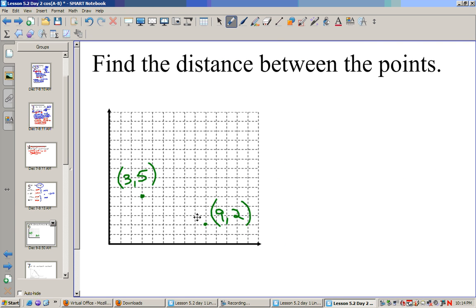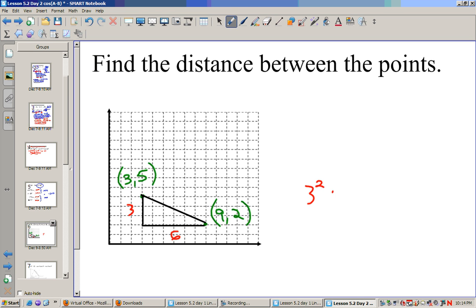All right, now we go to, it looks like a completely different topic, but we need this in order to find something else. To find the distance between 2 points, there's a distance formula, but the distance formula is pretty much Pythagorean's theorem. I take 5 minus 2, I subtract my y values to get 3. I subtract my x values to find this distance, which is 6.